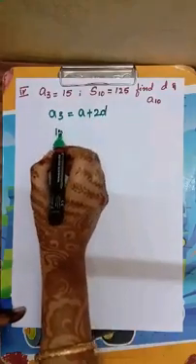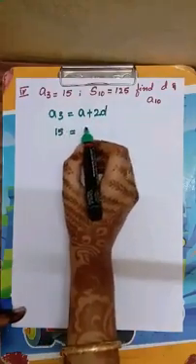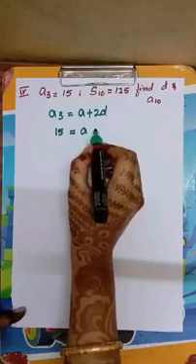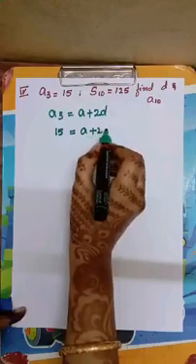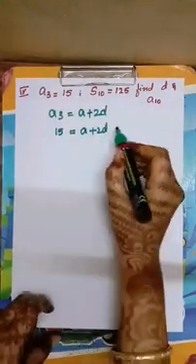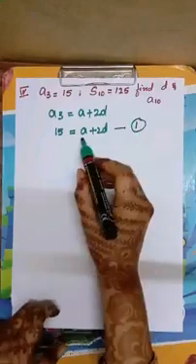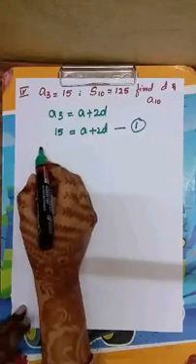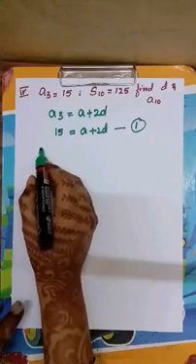A3 is 15, equal to A plus 2D. This is your equation 1. Here there are two unknowns, we can't do anything. Next, what is given? S10 is equal to 125.